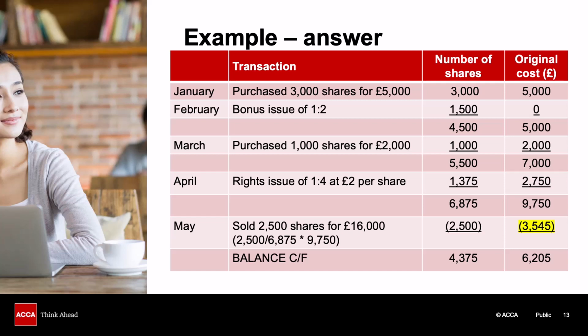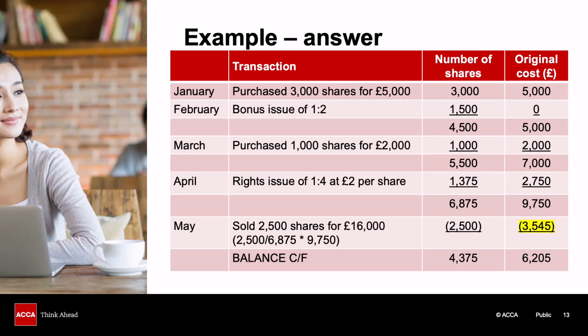A rights issue does cost the investor money, so she has to put something in the cost column. Totaling these up then, we've got 6,875 shares now in this company and a total cost of £9,750.